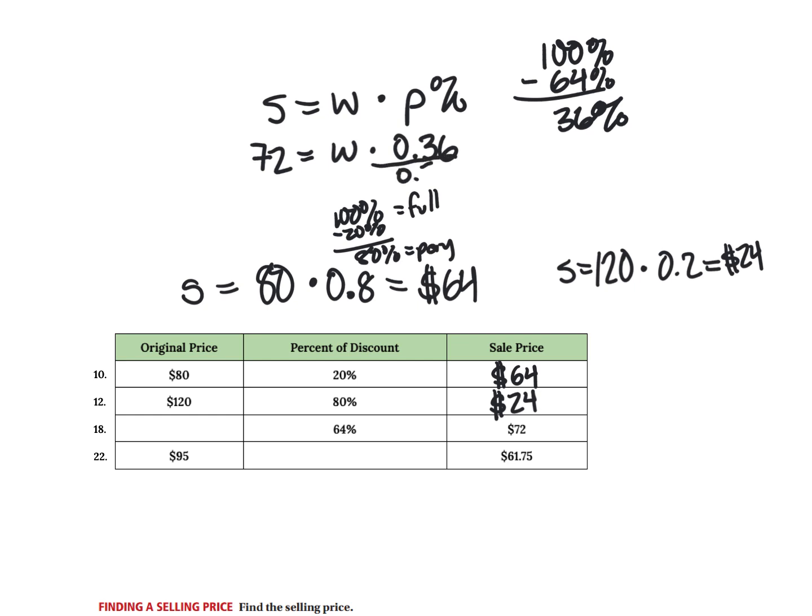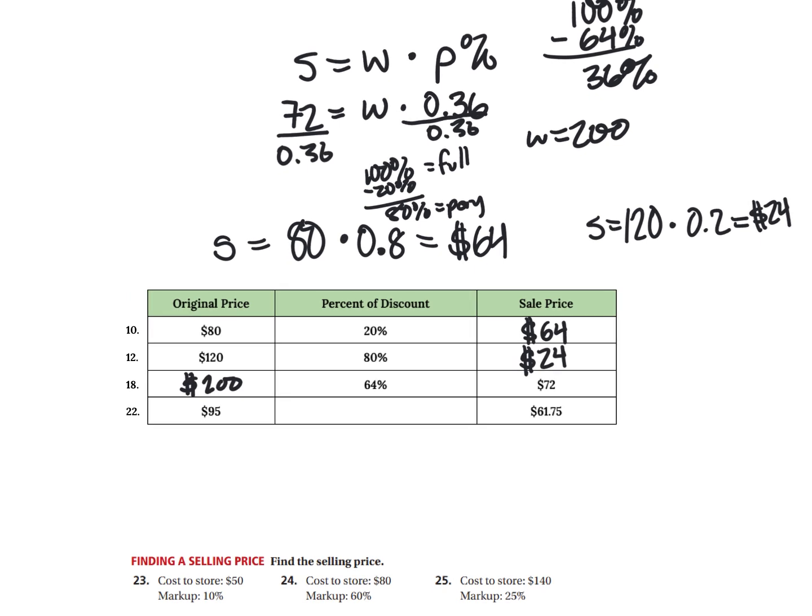We just divide by 0.36, divide by 0.36. My original price when I divide here is going to be $200. Right? To check that, we could do it the opposite way and see does it match up with 72, which it does.